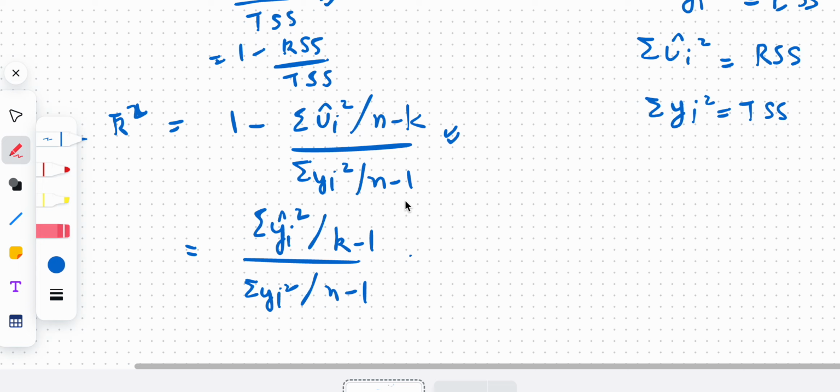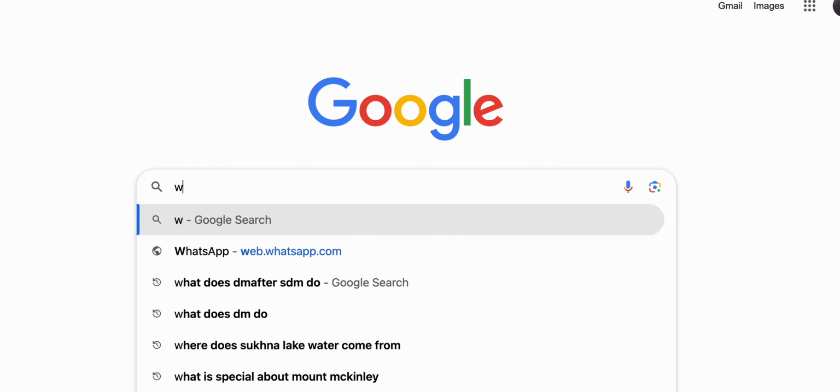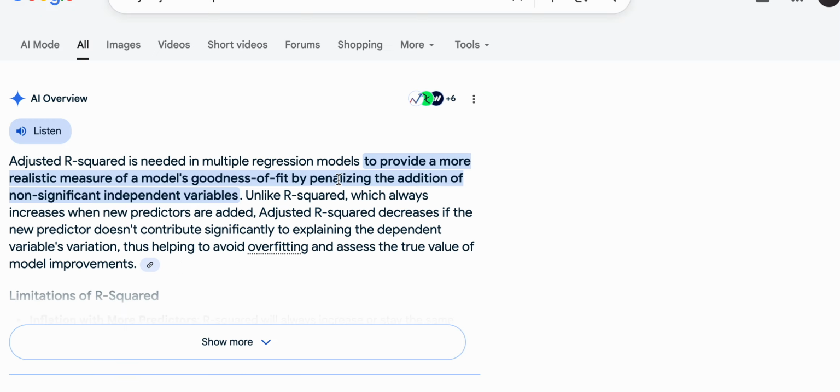What is the relevance here? Why is adjusted R square needed?